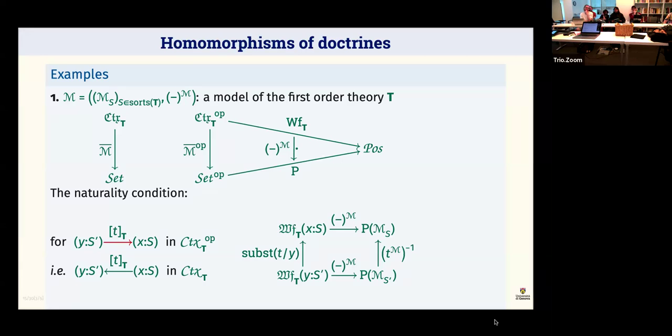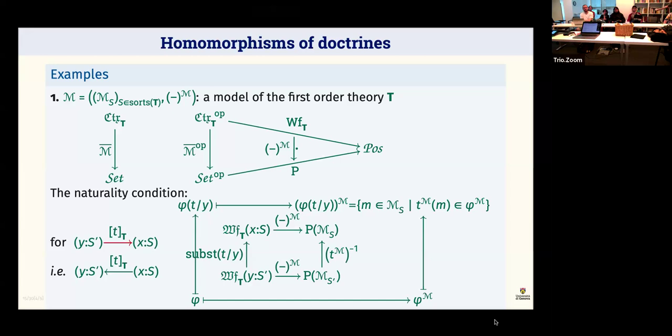And what it is, precisely, is the interpretation of formulas with at most x as free variable. I'm thinking of the interpretation as the collection of all the arbitrary elements in the correct set which satisfy the formula.